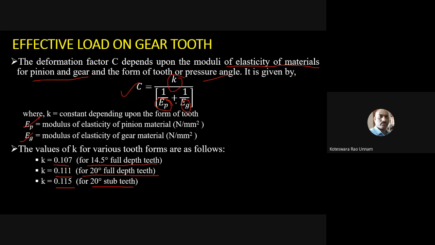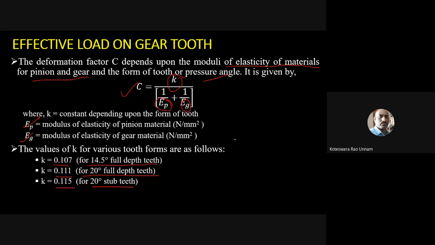So once you know the C value, you can substitute into that. Then you have the error. Error is given as E is nothing but EG plus EP, the error on the pinion and error on the gear. This is expressed in terms of phi, which is nothing but the deviation, how much deviation there is in the involute tooth profile for a given gear and pinion.